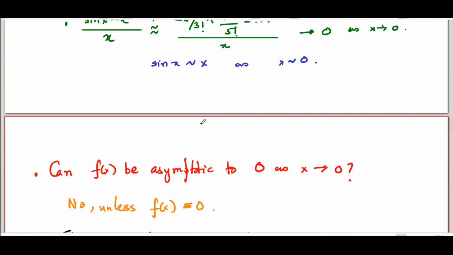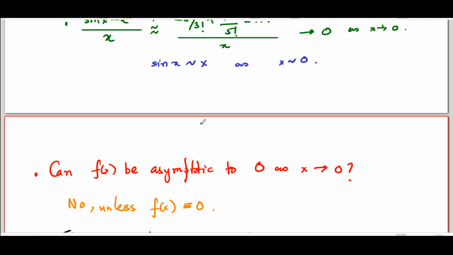One important point that we need to make is, because you have to divide by g of x to say that something, the difference is negligible compared to g of x, g of x cannot be identically 0. And therefore, saying that a function f of x is asymptotic to 0 as x goes to 0 is plain wrong, unless f of x is identically 0, in which case it's trivially asymptotic to 0.